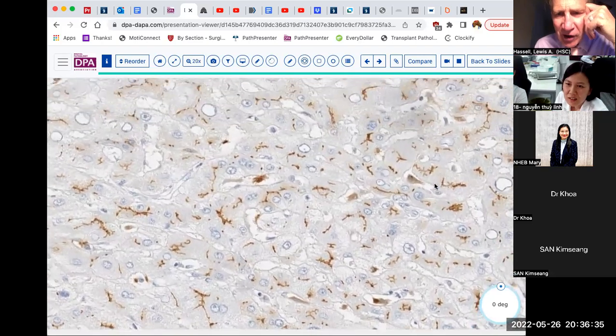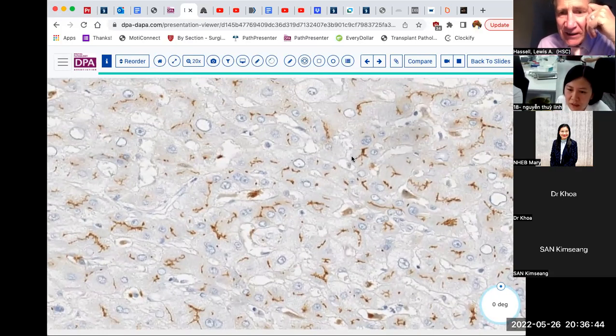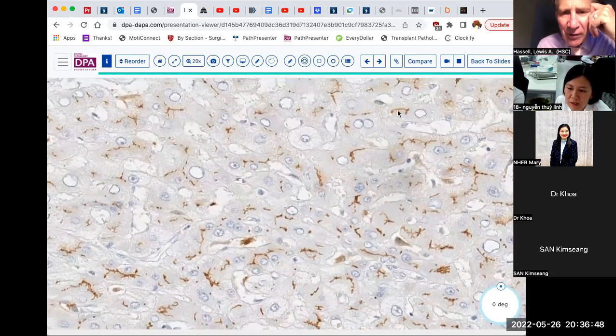So this is what's called a canalicular pattern. And that gives us a great notion that this is probably a CEA stain, which will stain the normal bile canaliculi in the liver.